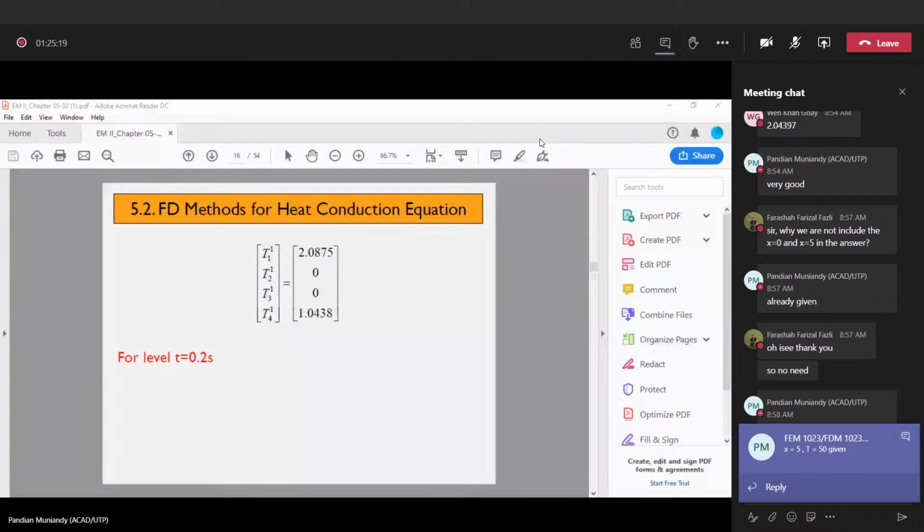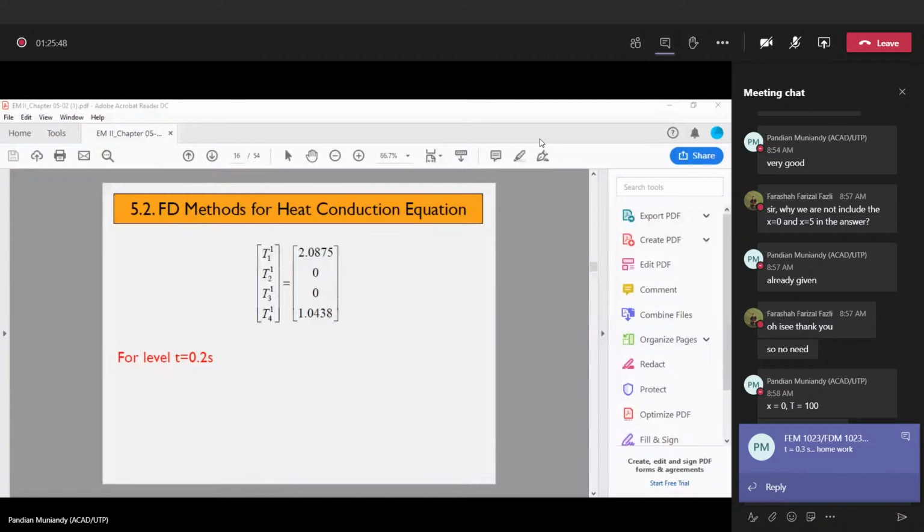So now the question is, if you are still not satisfied, you can try at T 0.3 second. Homework, you can go and calculate if you want.